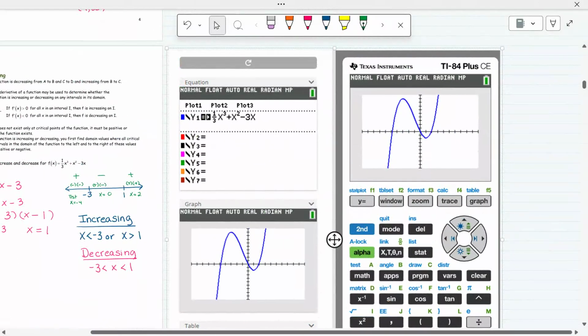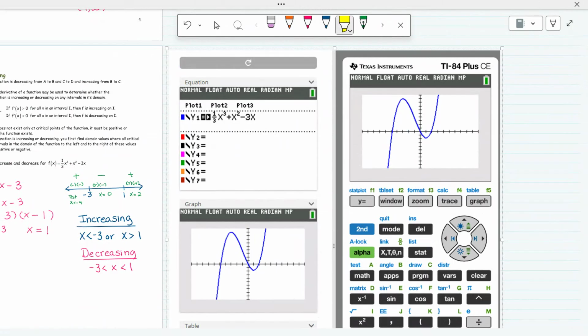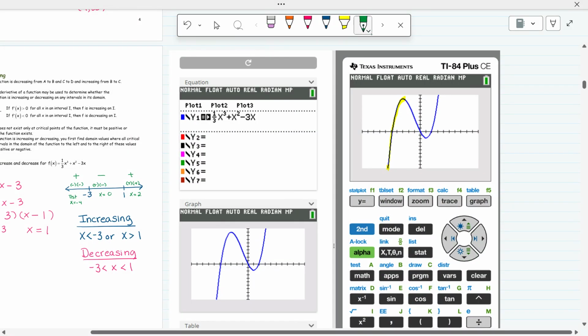All right. So now, if you guys can see this, I'm saying it's increasing from less than negative 3. So increasing, increasing, increasing. Do you guys agree that that turning point is at negative 3? Right, so it's increasing here, and this turning point right here is, guess what, at negative 3.